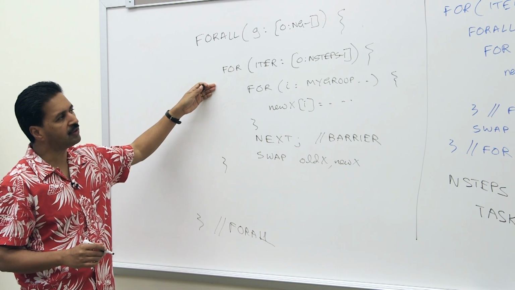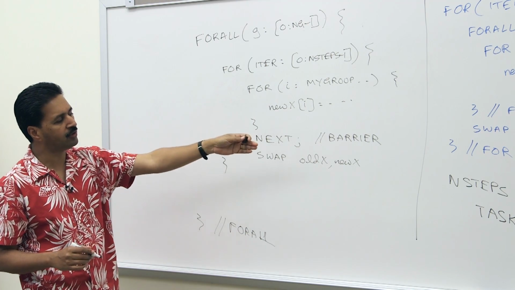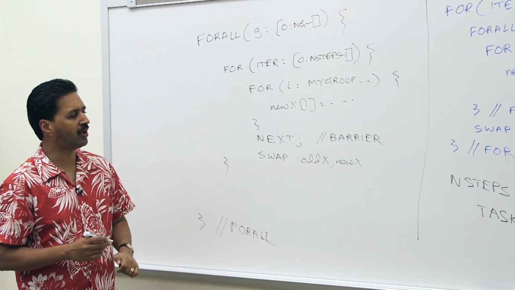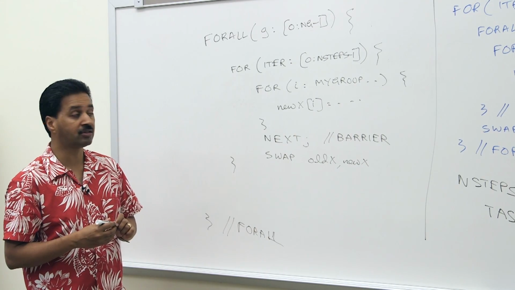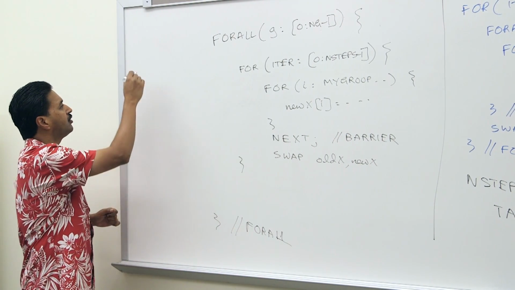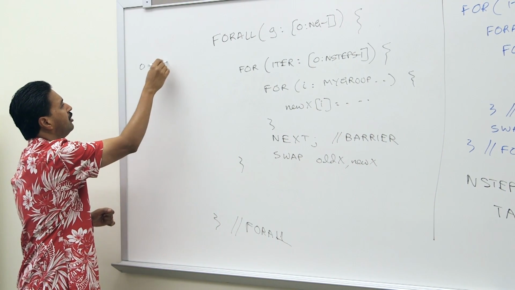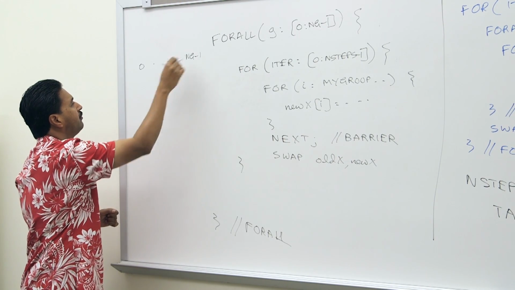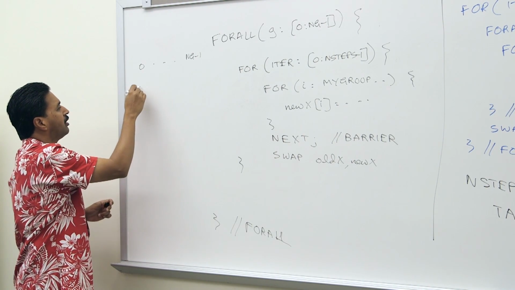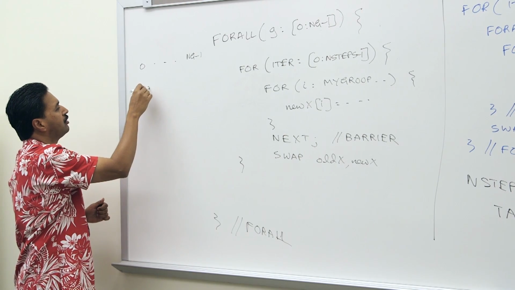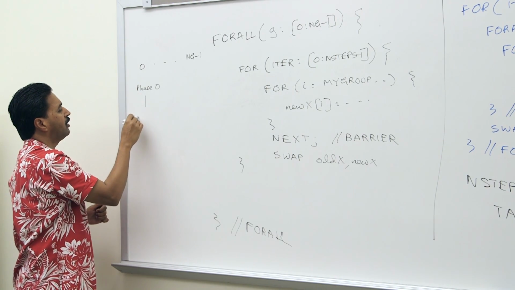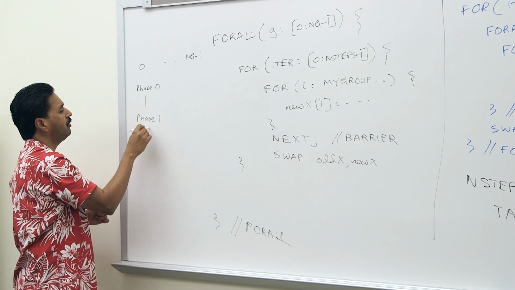So what we have is, as opposed to the earlier version where we had nsteps times ng tasks, what we now have is that we only have tasks ranging from 0 to ng minus 1. Each of them does the work for phase 0, phase 1, and so on.